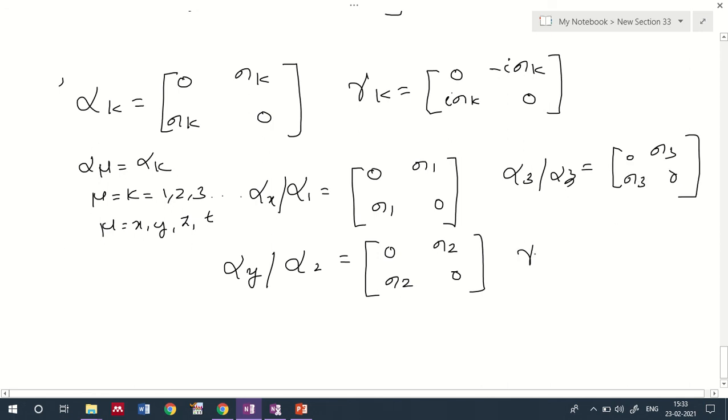Then gamma 4 means what? That is beta, right? So we'll represent it like this: 0, minus i sigma 4, i sigma 4, 0.